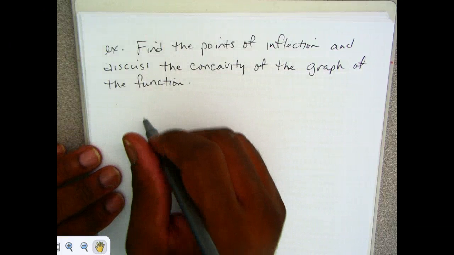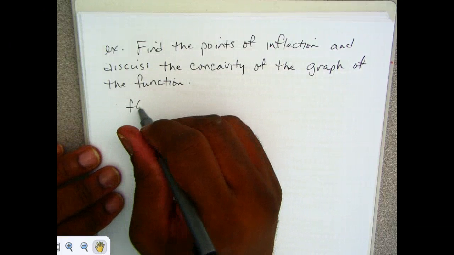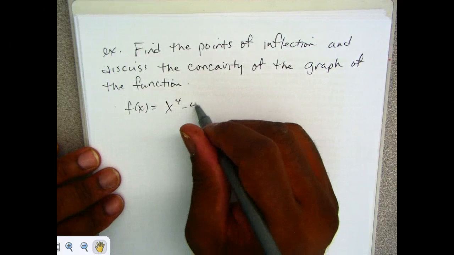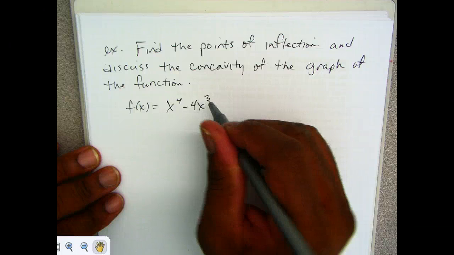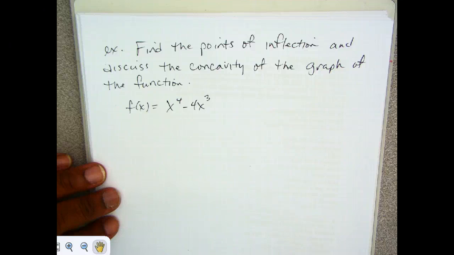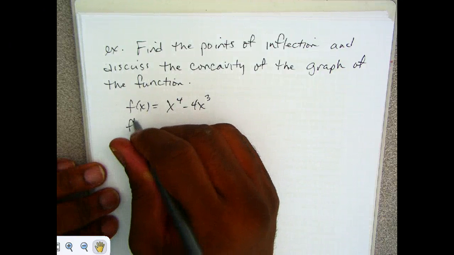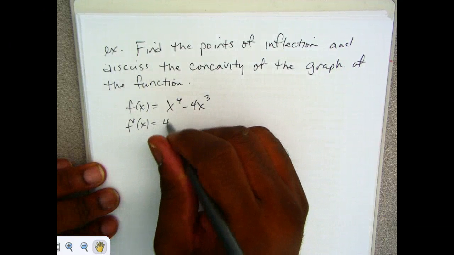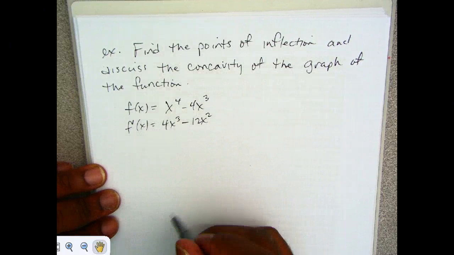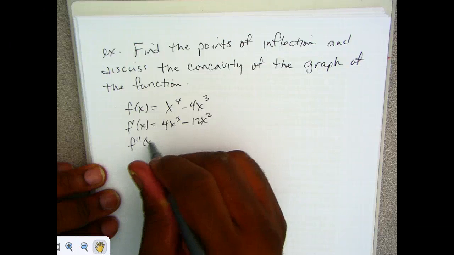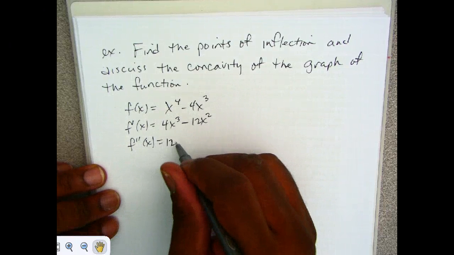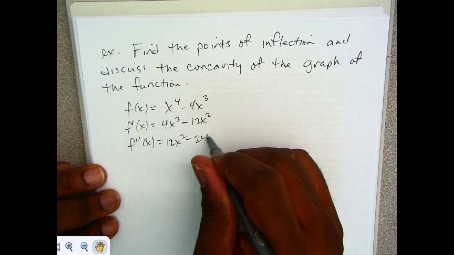Okay, so here our function is f of x is equal to x to the fourth minus 4x cubed. First thing we need to do is take the first derivative. So f prime of x is equal to 4x cubed minus 12x squared. And now we take our second derivative. f double prime of x is equal to 12x squared minus 24x.